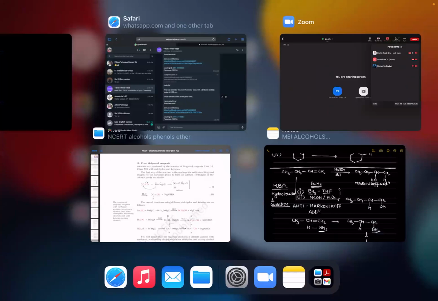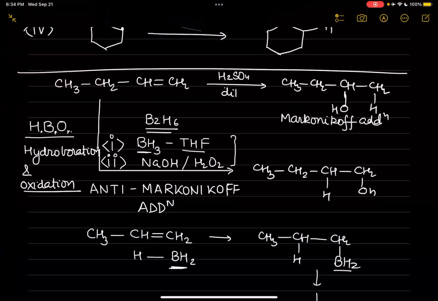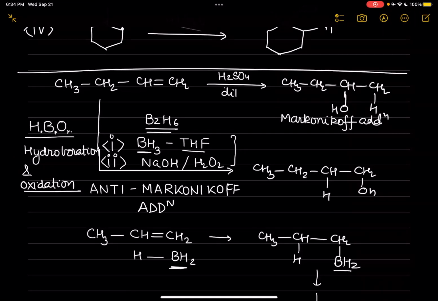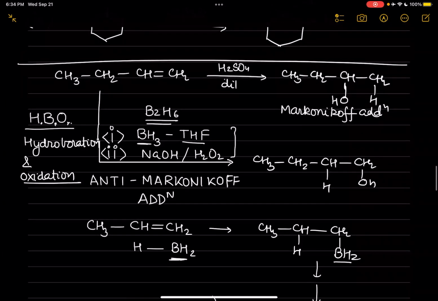For that we need to do anti-Markovnikov addition of water, and that can be carried out using borane BH3, in ether as the solvent, or B2H6, followed by NaOH and H2O2.